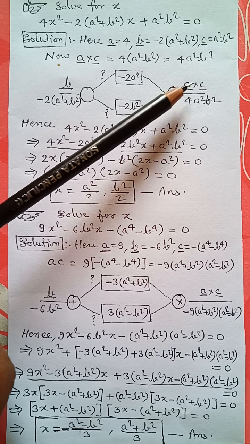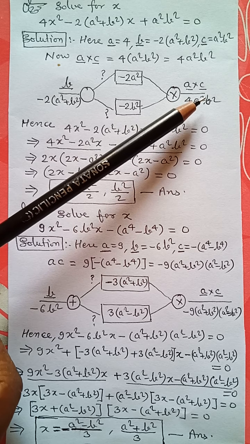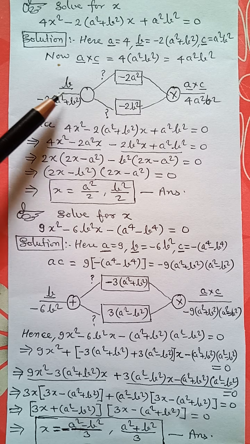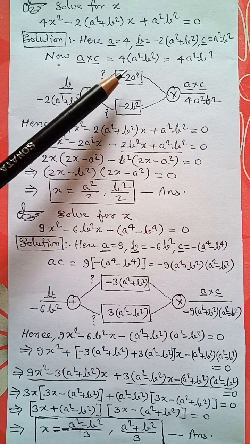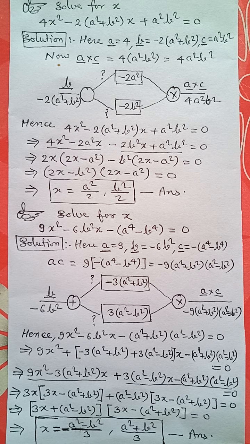Similarly, a underscore multiplied by c underscore is this 4a²b². Now we have to split this middle term into two numbers, say r and s, such that their product is this 4a²b². Now how do we do this?